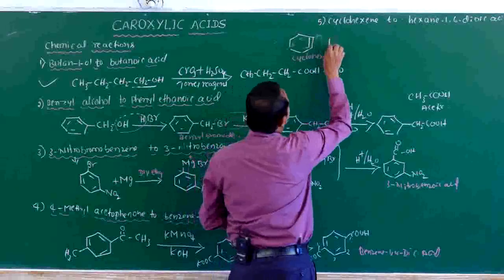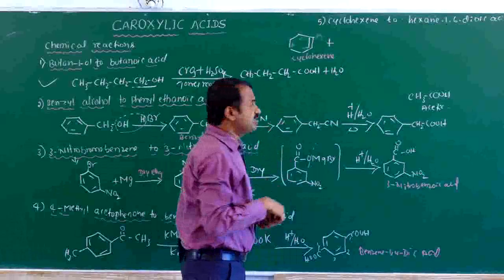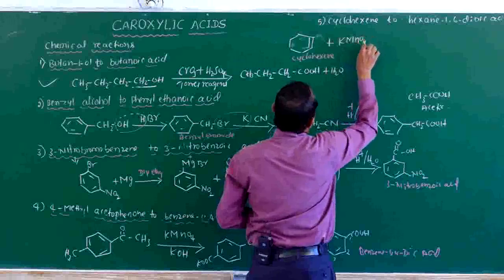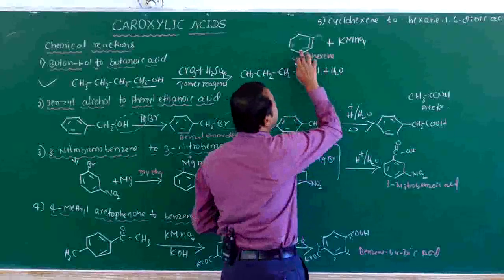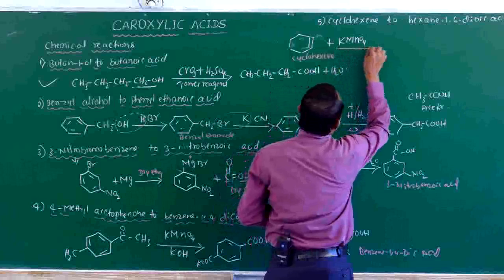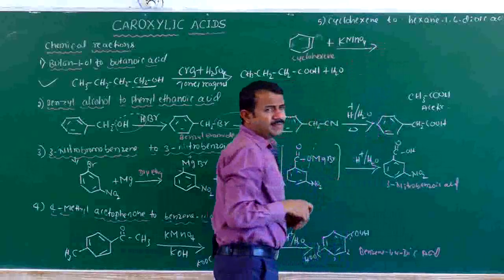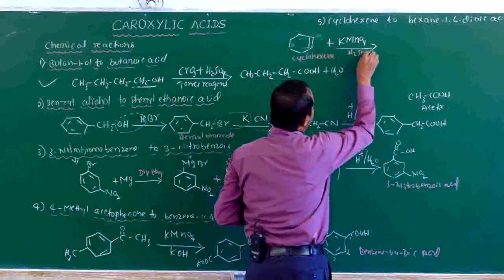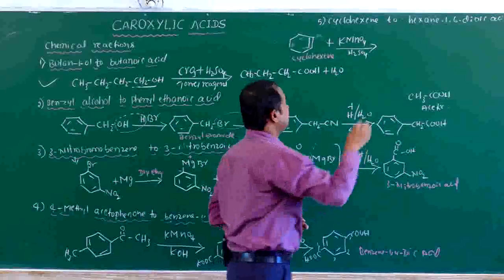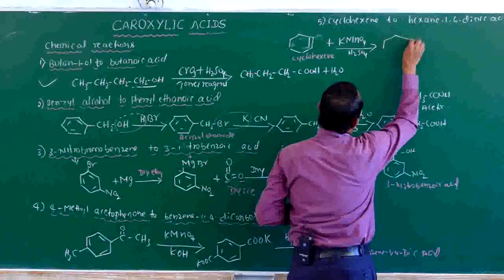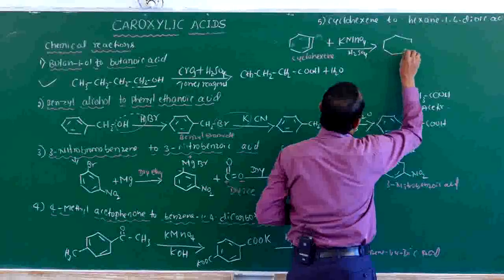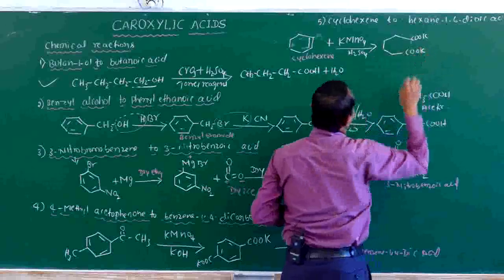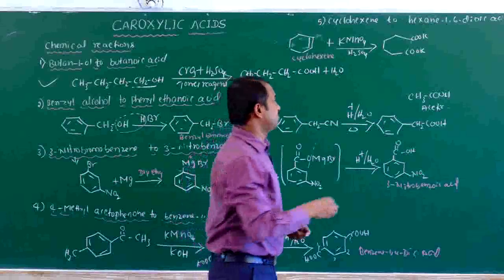Cyclohexene is oxidized with potassium permanganate in the presence of sulfuric acid, H2SO4, to form COOK and COOK, the potassium salt of the carboxylic acid.